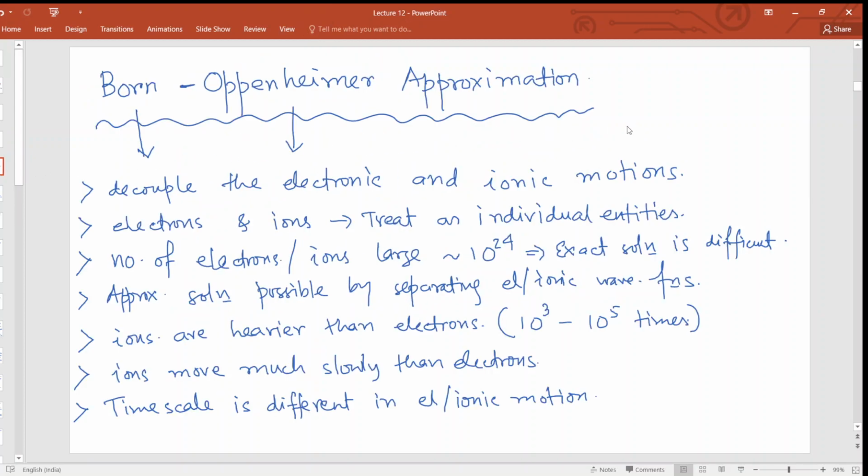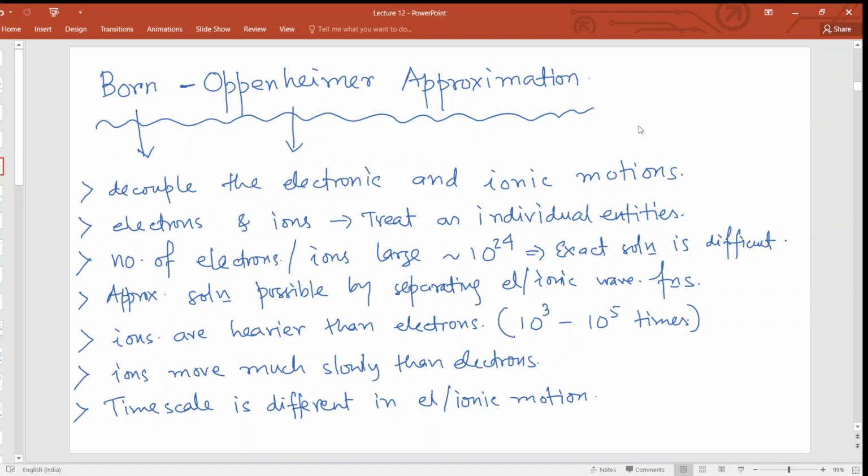Now let us look at what is Born-Oppenheimer approximation. Born means Max Born, and Oppenheimer is again the scientist Oppenheimer. I am hoping that you are somehow familiar with the Born-Oppenheimer approximation. Still we'll discuss it. What this approximation says is that you have to decouple the electronic and ionic motions.